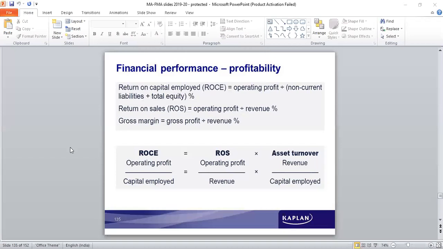The performance has to be measured. There are many tools to measure the performance, but we'll look at the one which is covered under our syllabus.